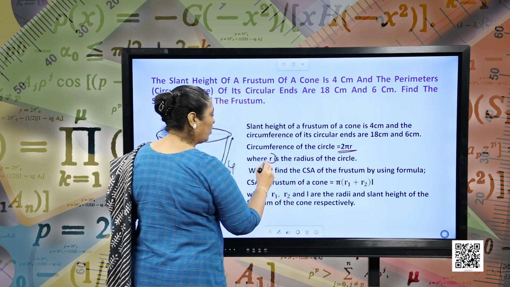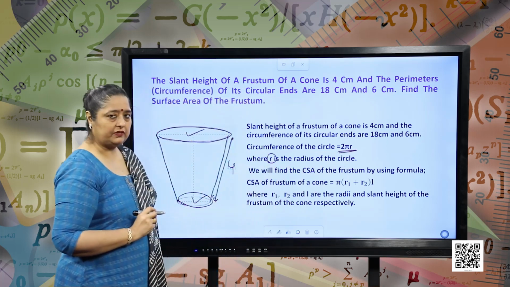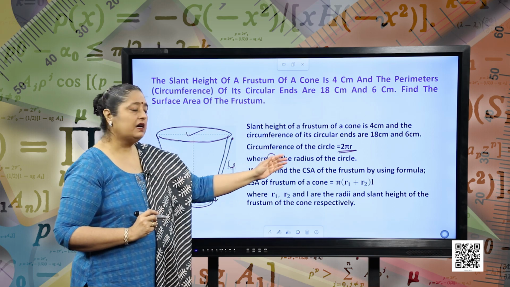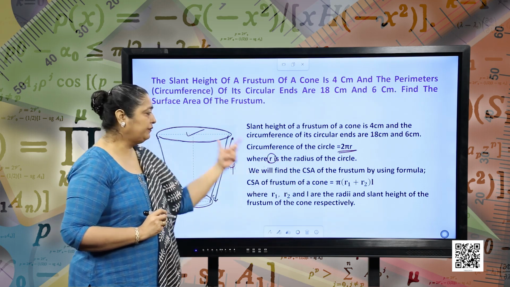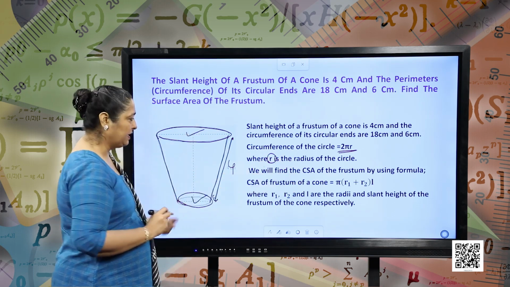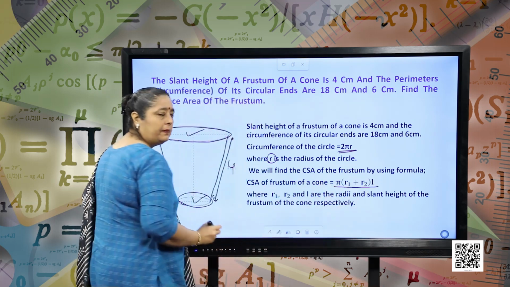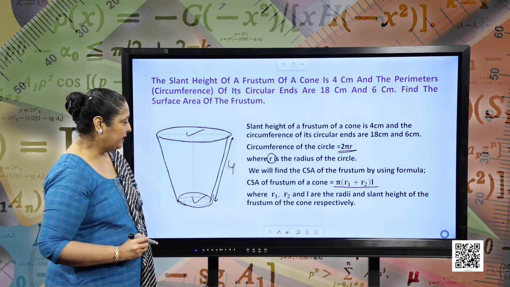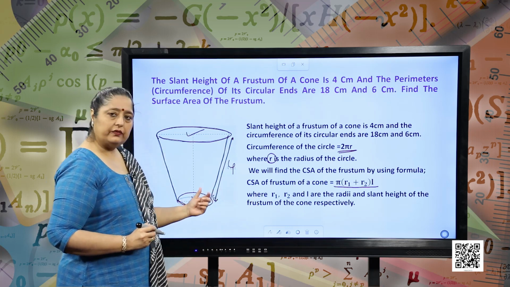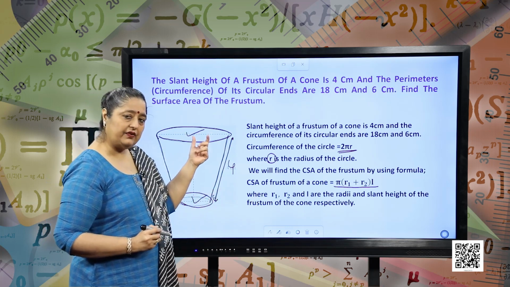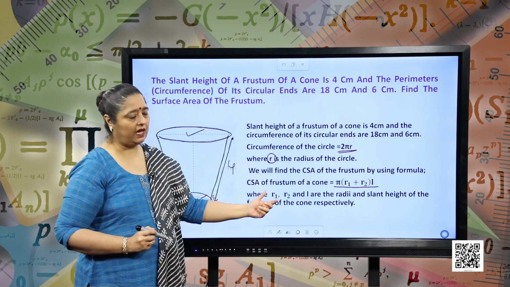Now, what is r? R is the radius of the circle. So, we can find the curved surface area of the complete frustum by the formula pi (r1 + r2) into L, where r1 is the radius, r2 is again the radius and L is the slant height.